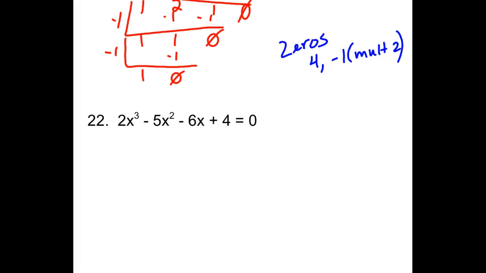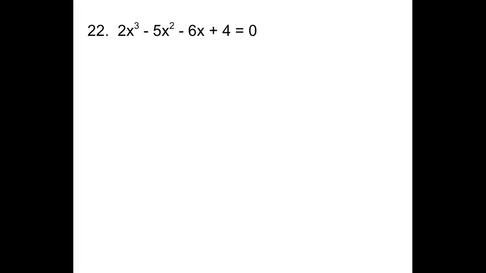The second homework question that we're going through is number 22. Same process. We're going to look at a list. So I need positive and negative factors of 4. So 1, 2, and 4 over factors of 2.